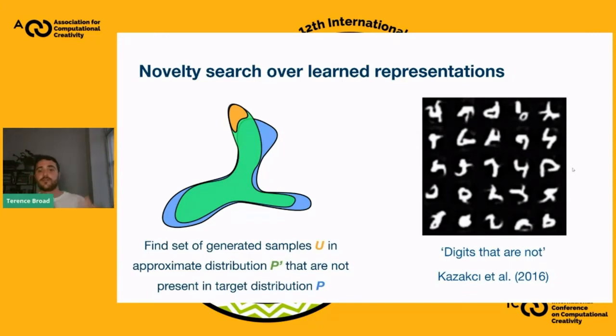We can systematically search the learned representations that our model can generate, and then find the subset of those generations that are part of the approximate distribution P prime, but aren't part of the original training data, which is the target distribution P. In the diagram, you can see this little orange shaded area, which is the subset that we've found through searching. There was a paper by Kazachi and others where they found digits that aren't handwritten digits in the numerical 0 to 9, but still come from a model that has been trained on digits, so they look like digits, but they don't correspond to any of our existing categories of digits.